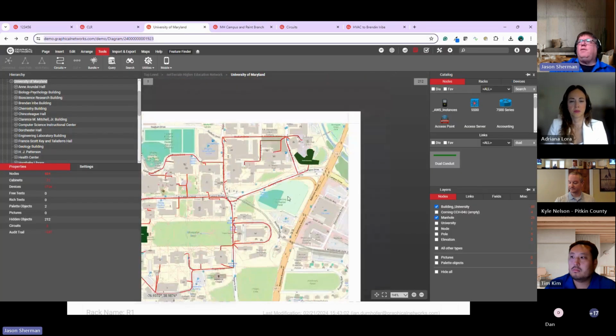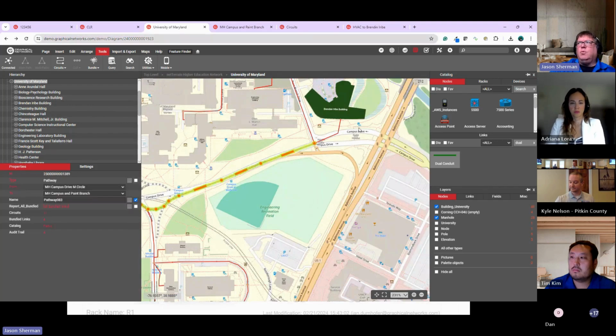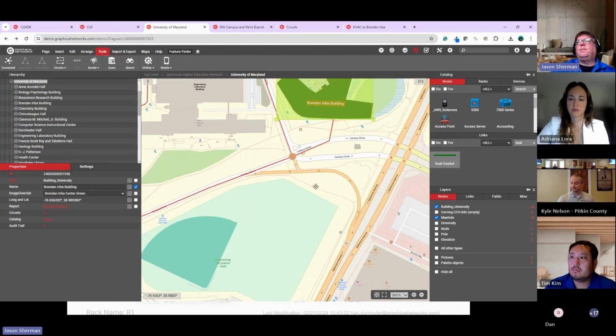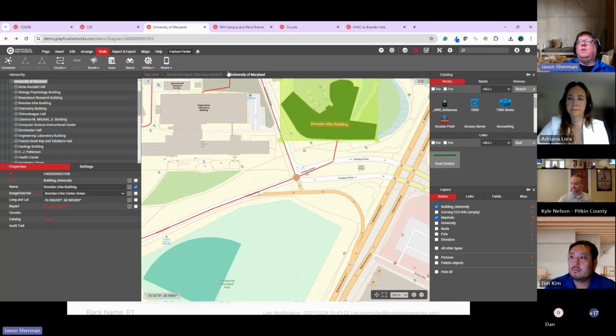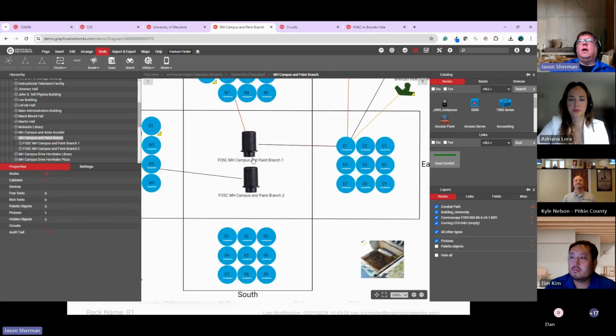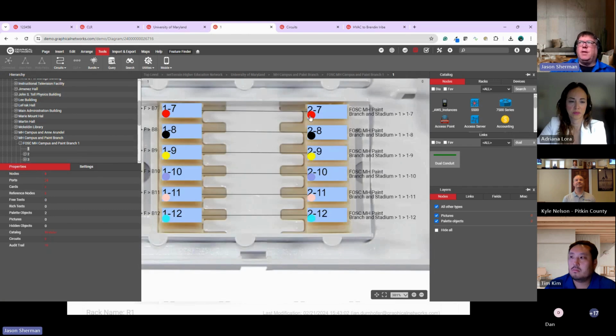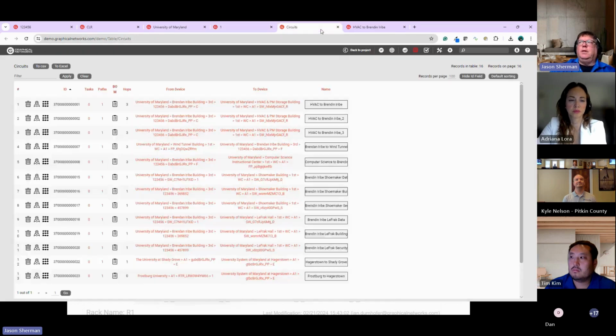Things like if you have a campus, you're documenting fiber cables, you want to see how those fiber cables are connected, endpoint connections, and so on. That's also something we do where you can get into splice cases and showing the splicing and the splice tray strands and how they're spliced together. So pretty common for us.